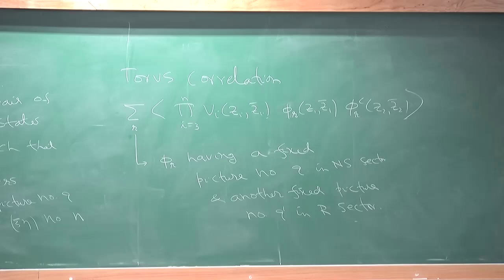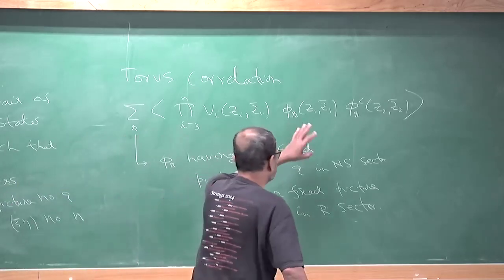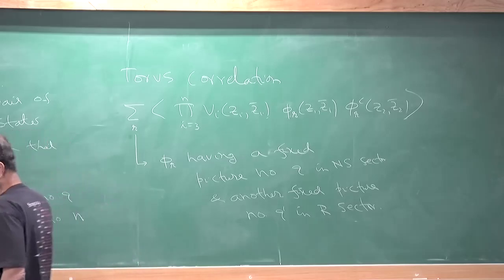Is this statement clear? So once you say phi R has picture number Q, of course phi RC is clear. Phi RC will have picture number minus Q.